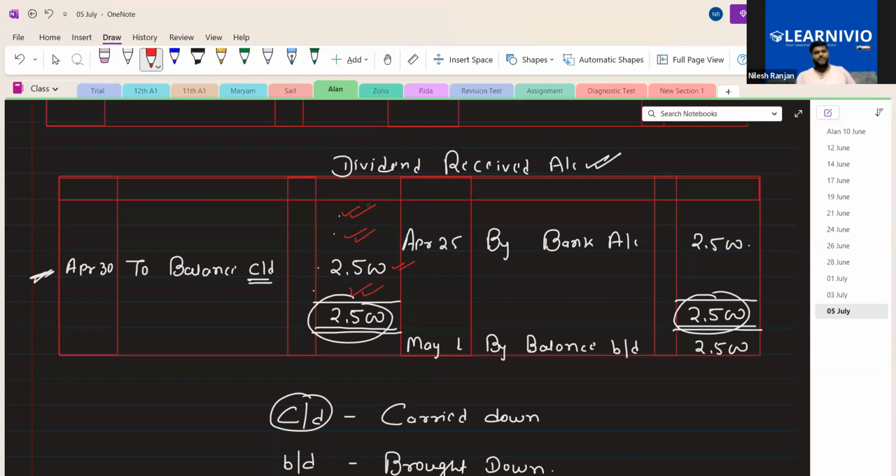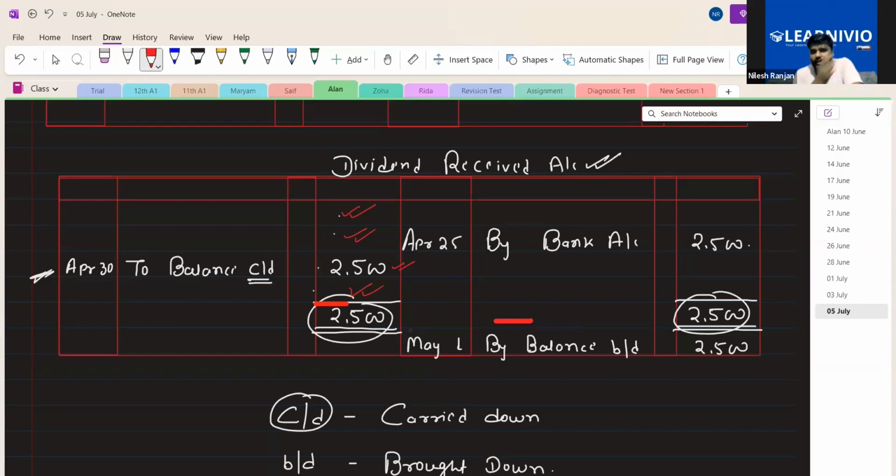Do you need to leave a line? Here we wrote 2,500 on the debit side, this line, right? Yes, April 30th. And then the total. Yes. And then on the credit side, balance brought down: do you need to leave one line, or can you write it on the same line?